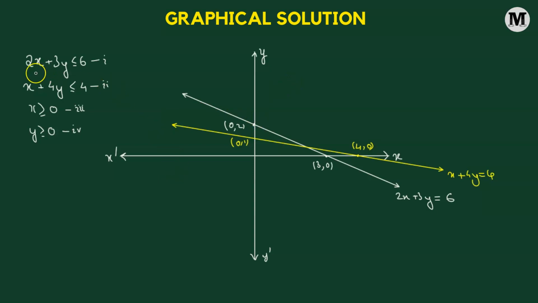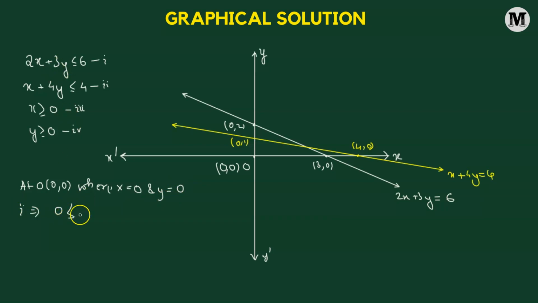Now in order to find out the solution set to inequality number 1, we're going to choose a point on the xy plane, and the best point is going to be the origin. Now here at the origin O 0, 0, where x value equals to 0 and y value also equals to 0, then inequality number 1 becomes 2 times 0, so that's 0, added to 3 times 0, so that's 0.